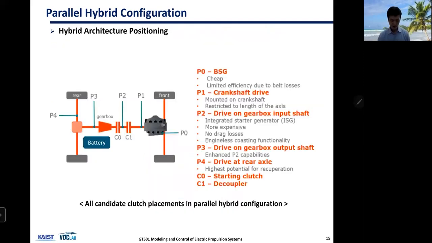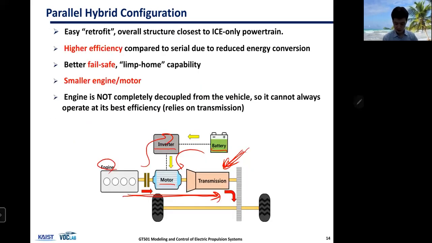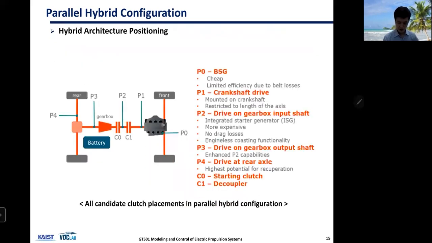And there are variations of parallel hybrids depending on where you put that motor. So this one is located between engine and transmission, and usually that's called P2 hybrid. And usually P2 hybrid is used for strong hybrid passenger vehicles.